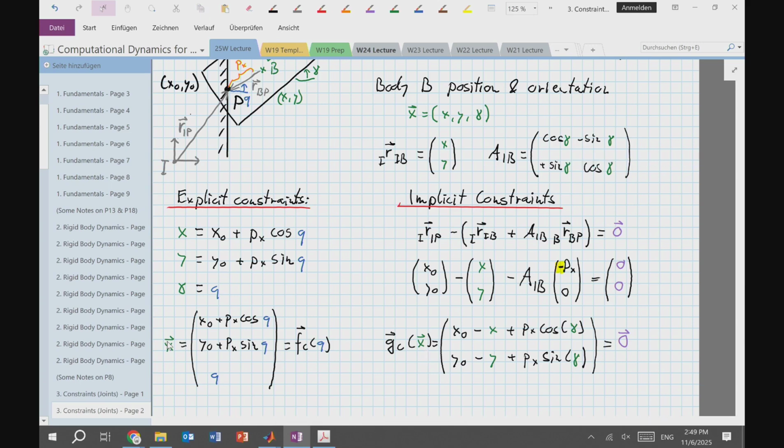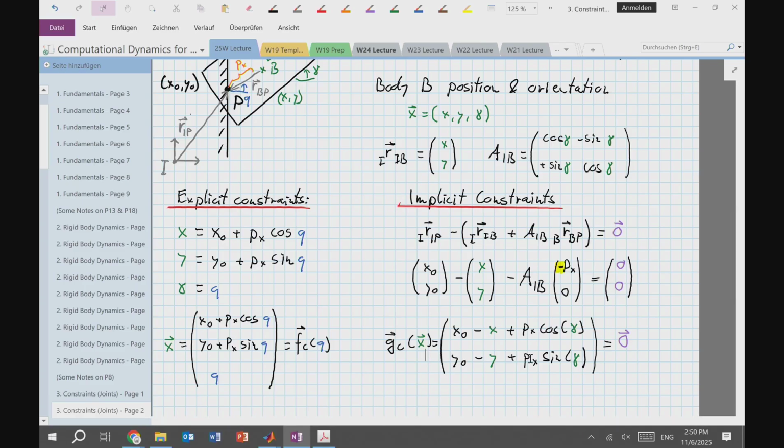Why? Fewer number of equations. In general, fc is harder to get than gc, but it's easier to work with. Explicit equations are always easier to work with, and you break everything down to fewer variables, because q is only the number of motion primitives, and x would include everything that your body could do without the joint. The implicit equations are easier to derive, and they're harder to work with because they're implicit.